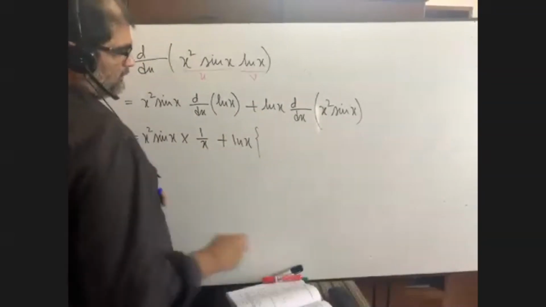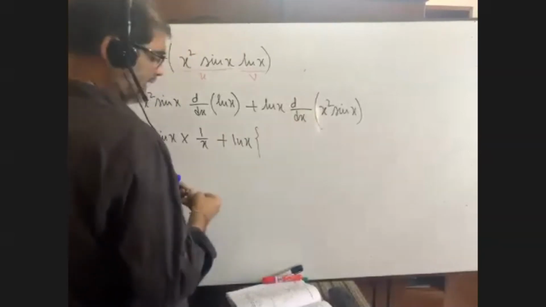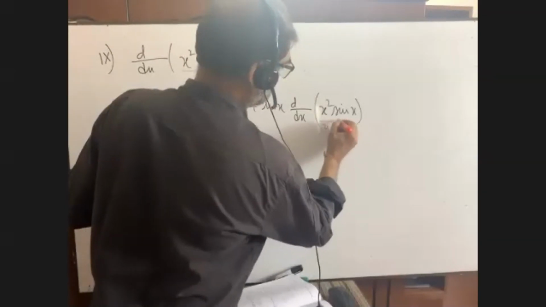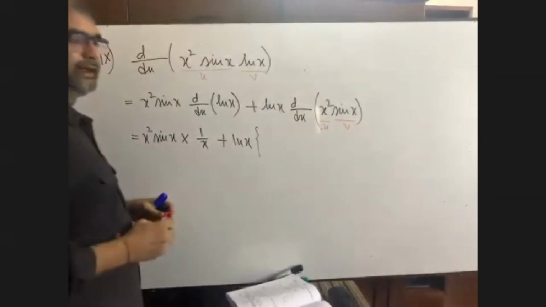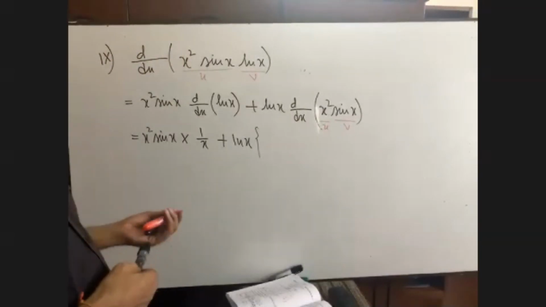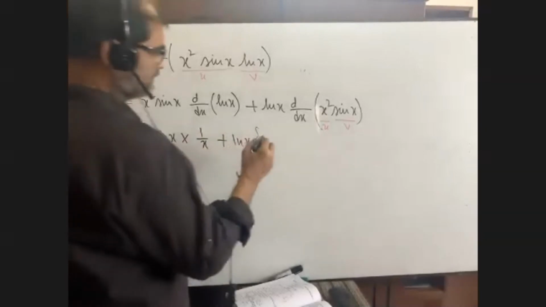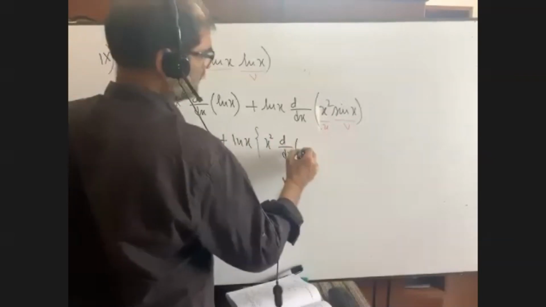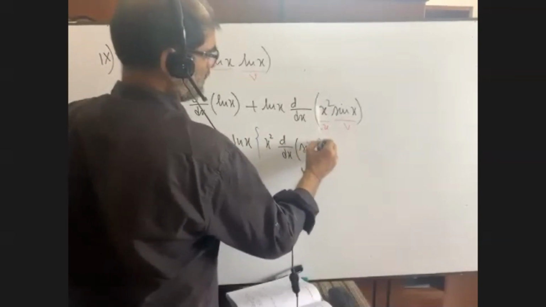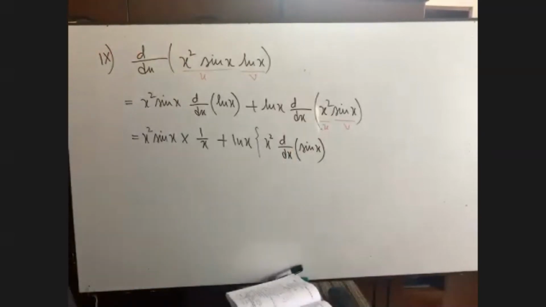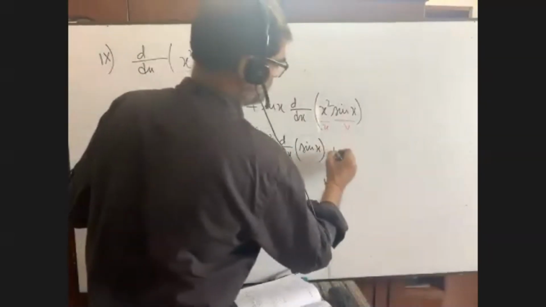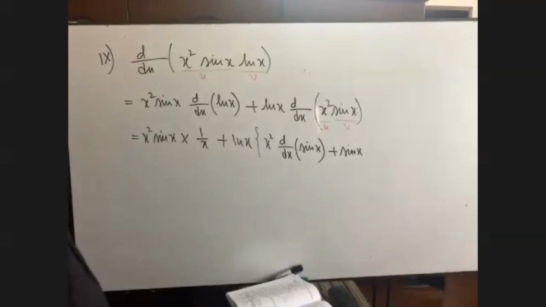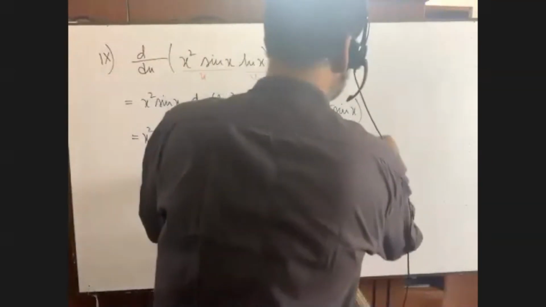Okay. It is now again u, it is v. Again, it is to be put into the formula, that is u d by dx of v plus v d by dx of u.